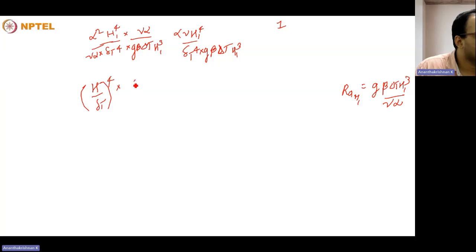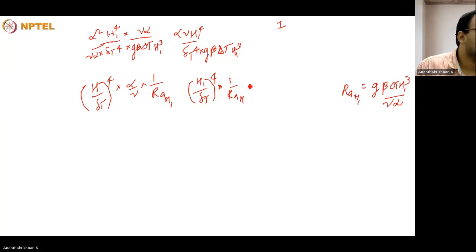Alpha squared gets cancelled, so it will be alpha by mu into 1 by Rayleigh number raised of h1. And here it will be h1 by delta t raised to 4 divided by Rayleigh number of h, and this will be 1. So this will be Prandtl number raised to -1.